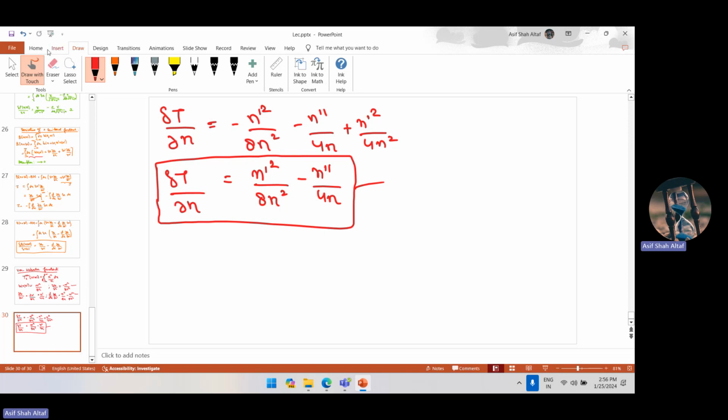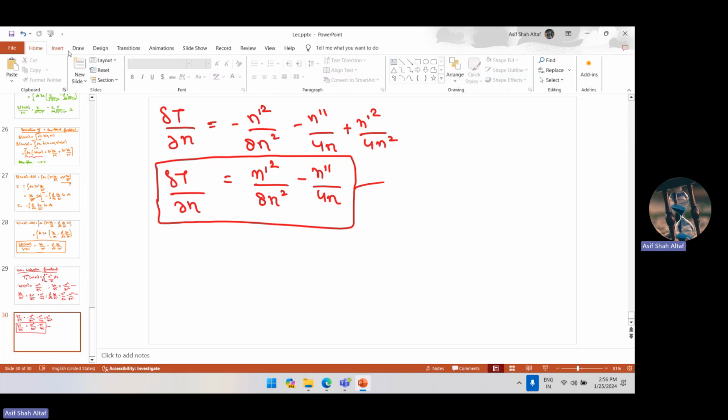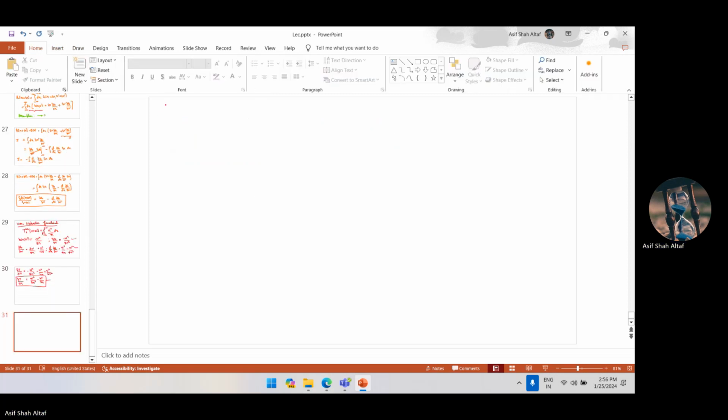So in that context, let me show one more example, which we call the Hartree energy. If you see the functional for Hartree, the Hartree functional is given as this.